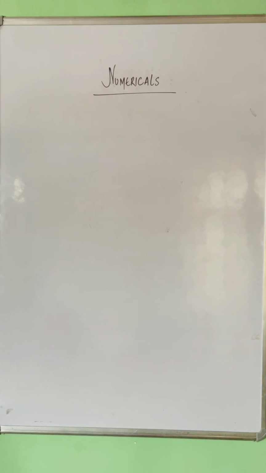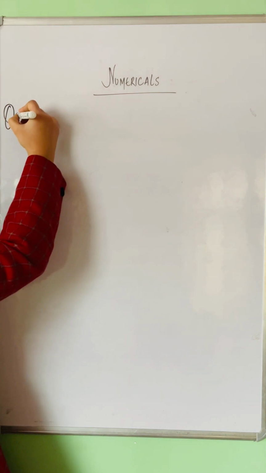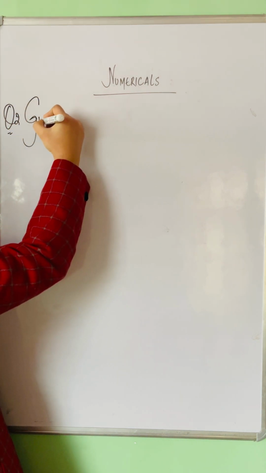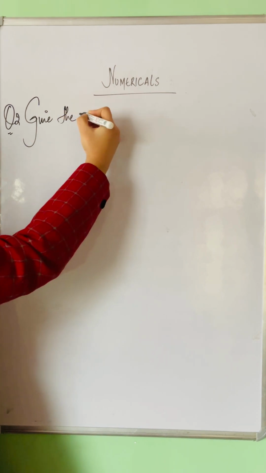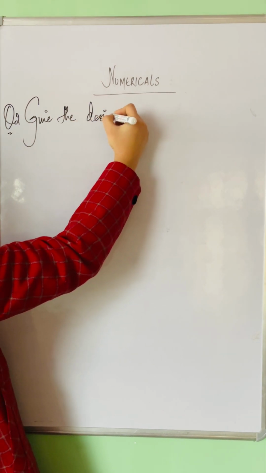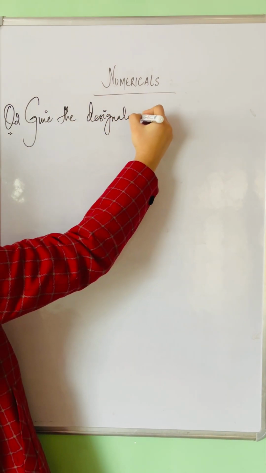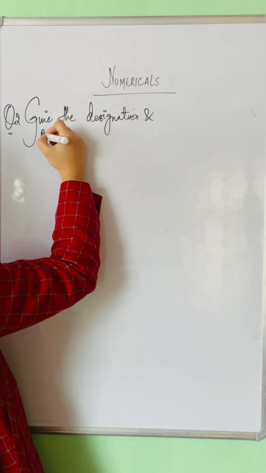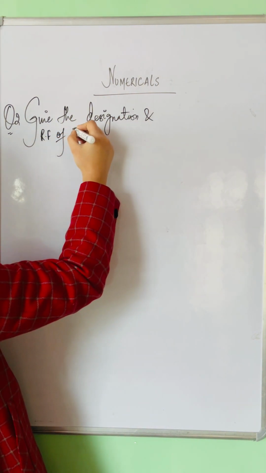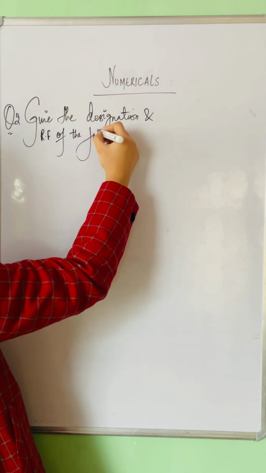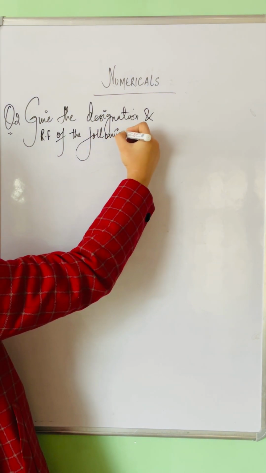Question number 2 is, give the designation and representative fraction of the following scales. Give the designation and representative fraction of the following cases. What are the cases?